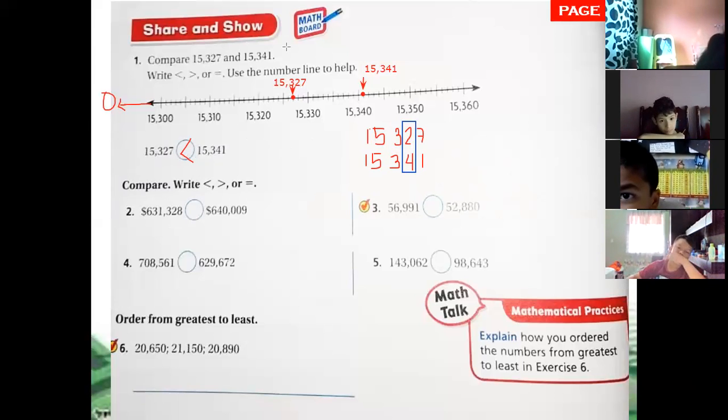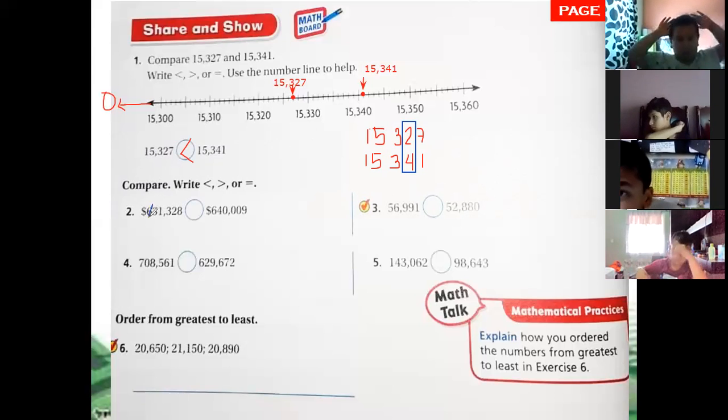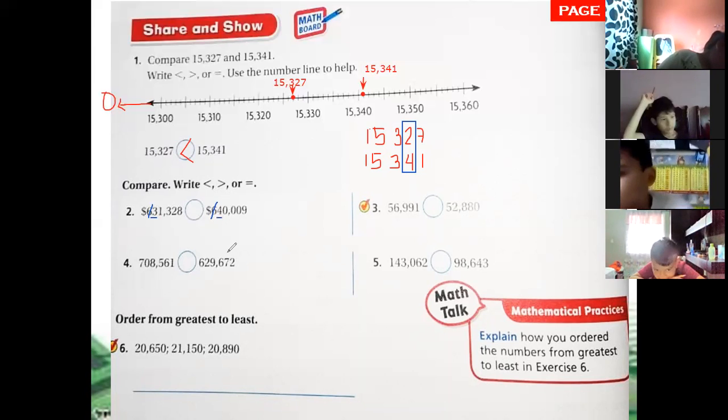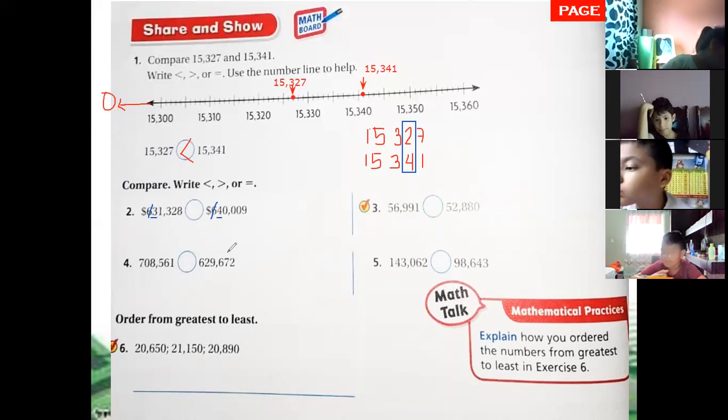Now let's compare the next one. We're going to compare digit by digit. The first digits are equal, the first two digits are equal, so we don't compare them. We work with the next one. We have a 3 and a 4. So let's work with those numbers, 3 and 4, not with the entire amount.